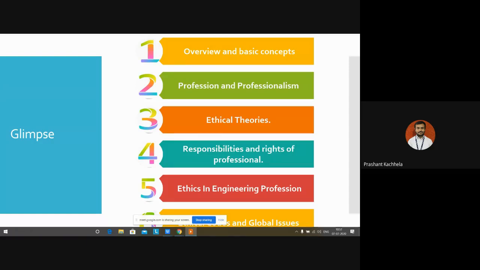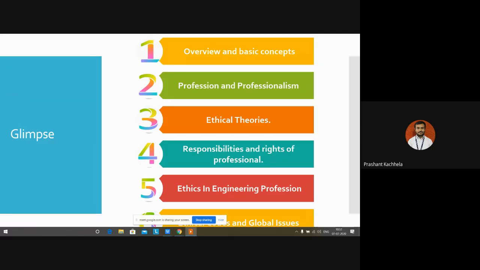If something harmful happens by mistake or with intention, how it can create a big problem for the whole society, and what kind of regulations an engineer should observe, we are going to discuss in the fifth module.